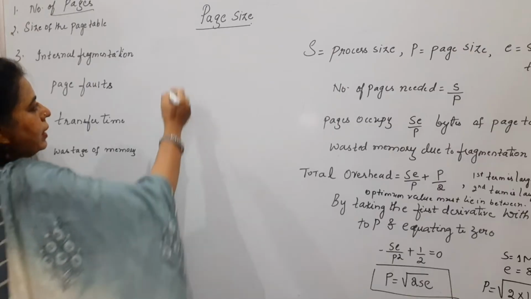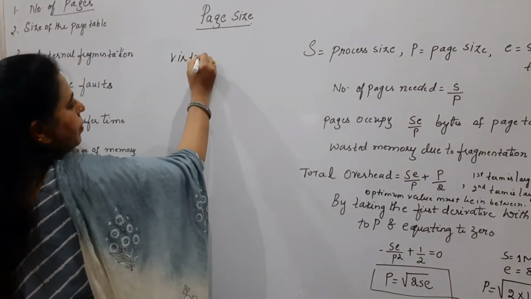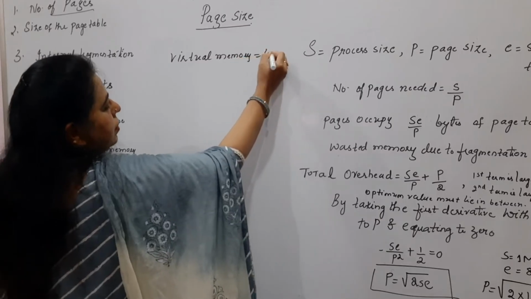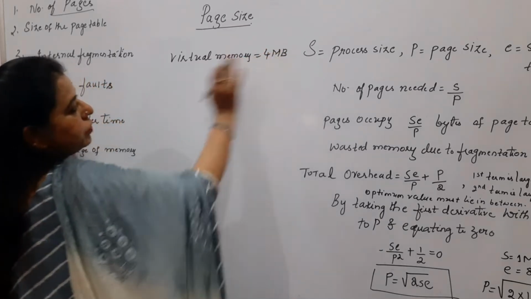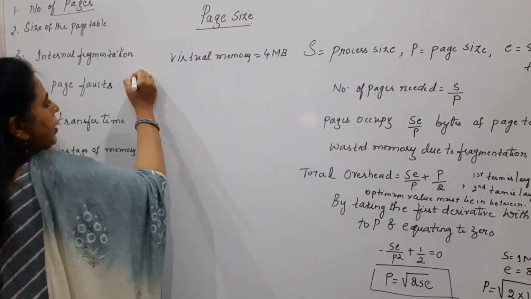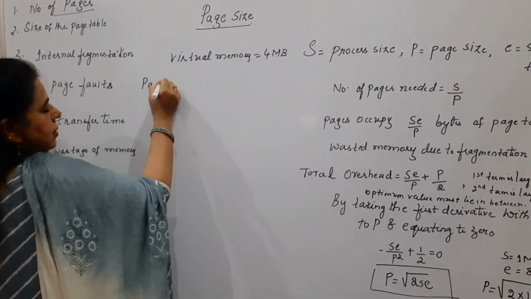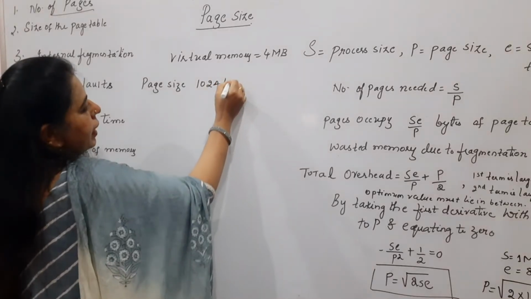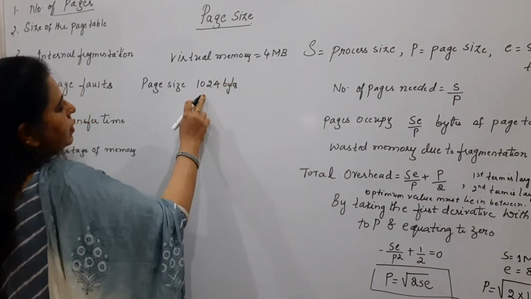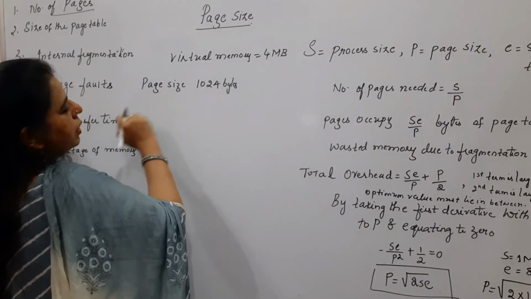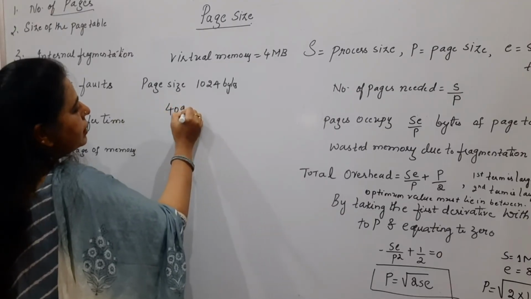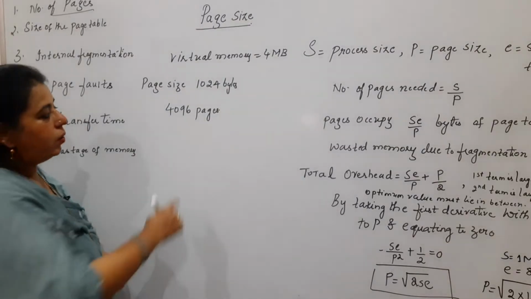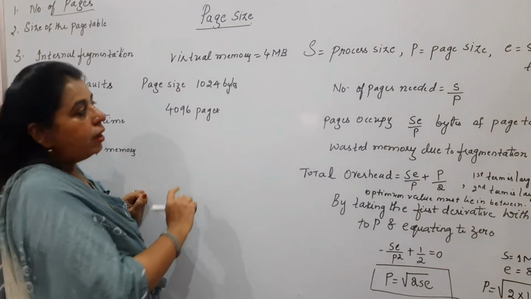Let us take for example, the virtual memory size is 4 MB. If it is 4 MB and if the page size is 1024 bytes, then for this memory, if each page size is 1024 bytes, then 4096 pages are needed, right? Number of pages are 4096.